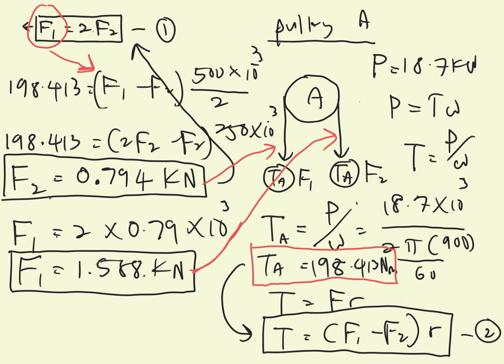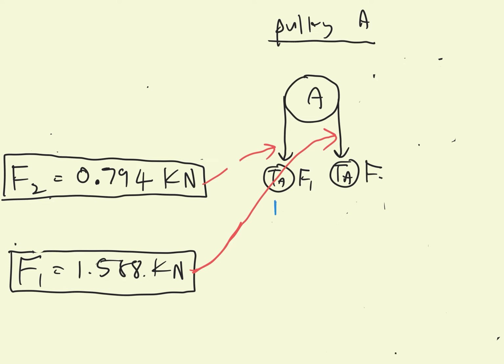So after we manage to find the value of tight side and slack side for pulley A, now we can get what is the total force acting at pulley A. The value for F1 is 1.588 kilonewton, and the value for F2 is 0.794 kilonewton.